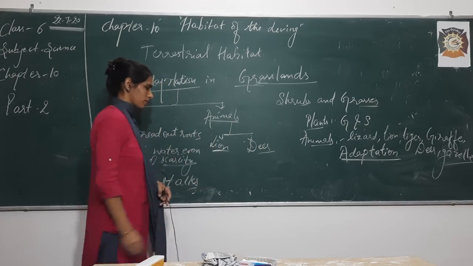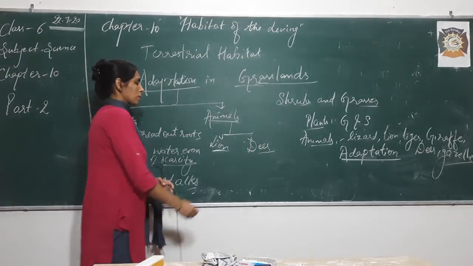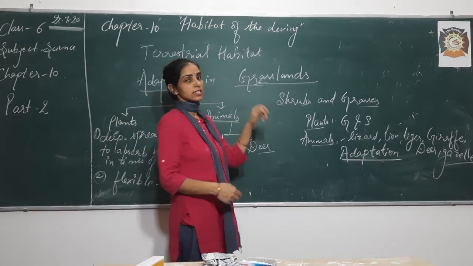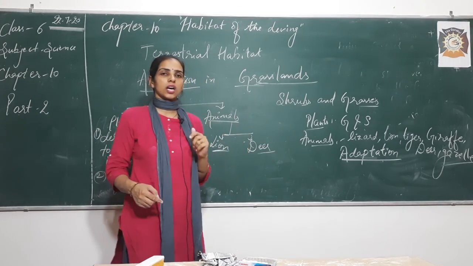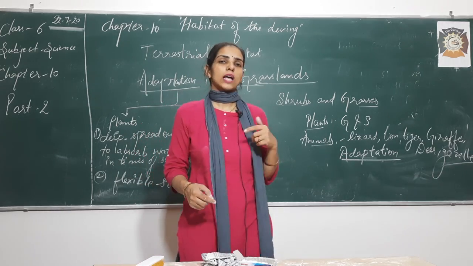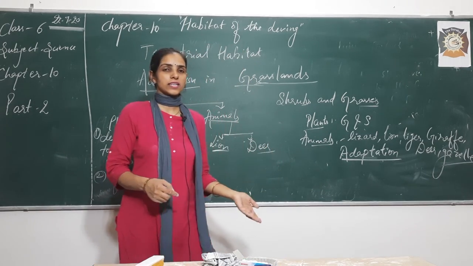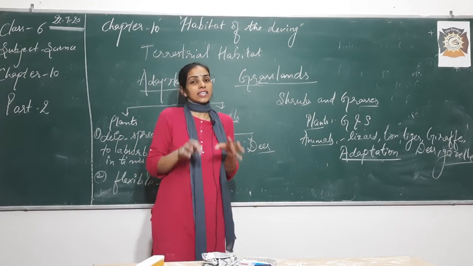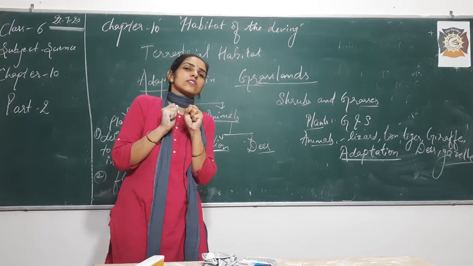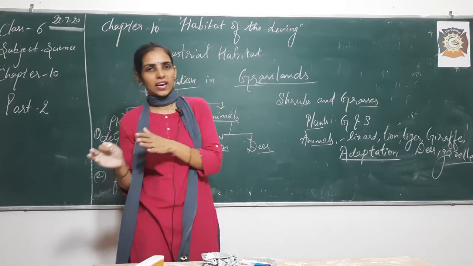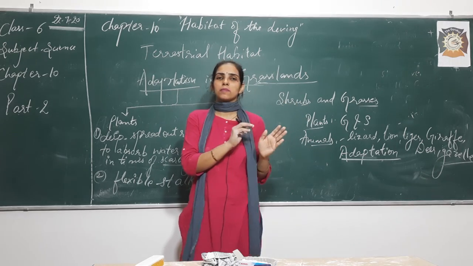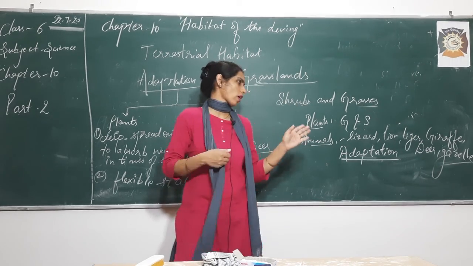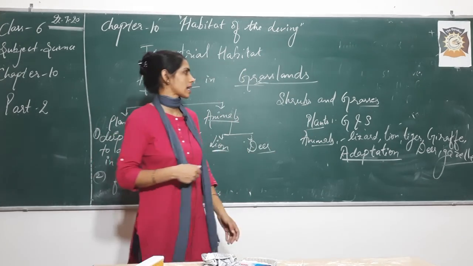So firstly, lion. Most of the animals living in the grasslands are having brownish color. Why brownish? So that their color gets mixed with the surroundings and they can hide themselves from their prey or from their enemies, right? So this is followed by almost all the grassland animals.